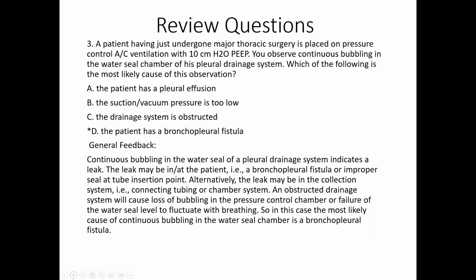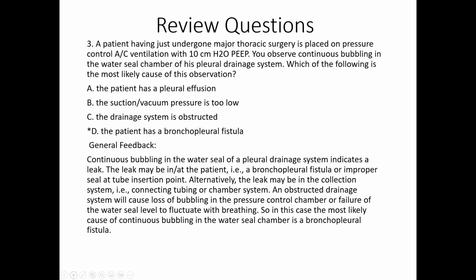Continuous bubbling in the water seal of a pleural drainage system indicates a leak. The leak may be in or at the patient, or maybe in the equipment. And again, bronchopulmonary fistula or improper seal at the insertion point. Alternatively, the leak may be at the collection system, the connecting tubing, etc. An obstructed drainage system will cause a loss of bubbling in the pressure control chamber or failure of the water seal level to fluctuate with breathing.